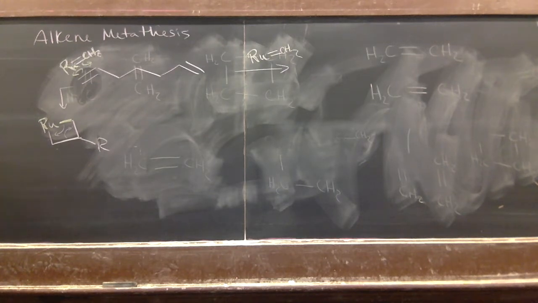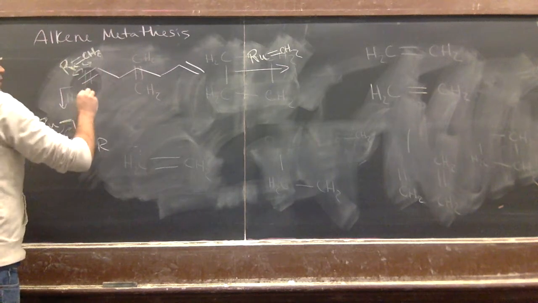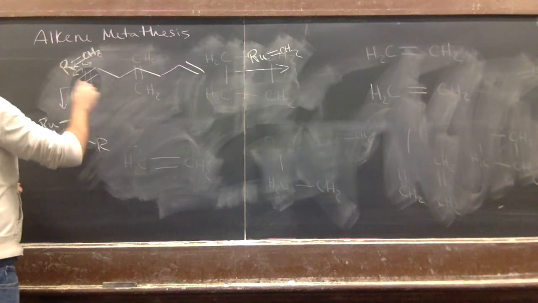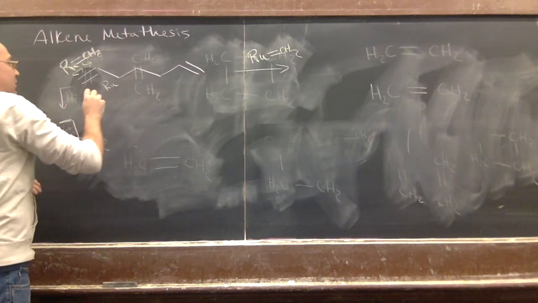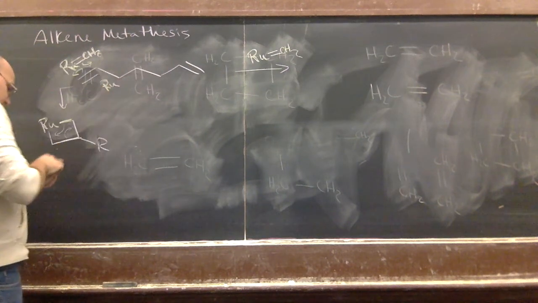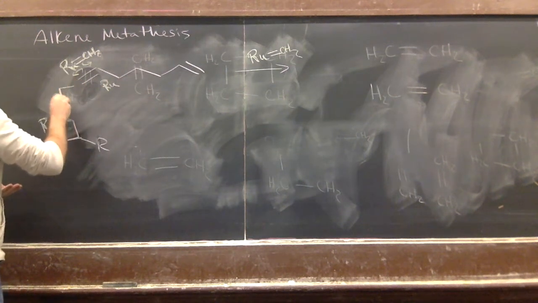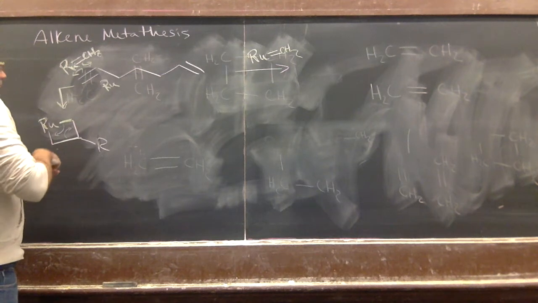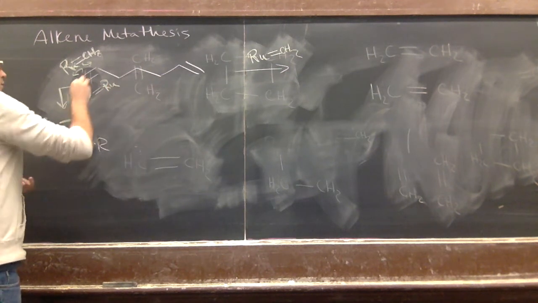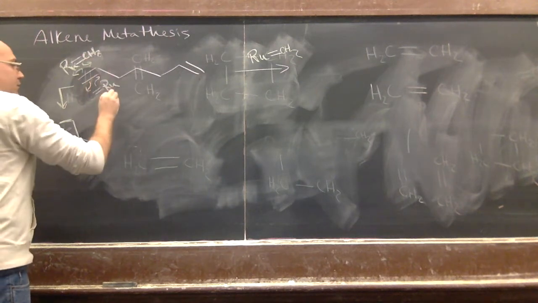The productive pathway would be as if we flip-flop it. So if the ruthenium's on this side, and the alkylidene's on this side. Right, so I'll draw it below. So this will be our green arrow. Right? If we do it here, use red for this one.